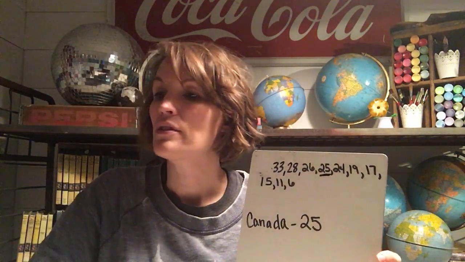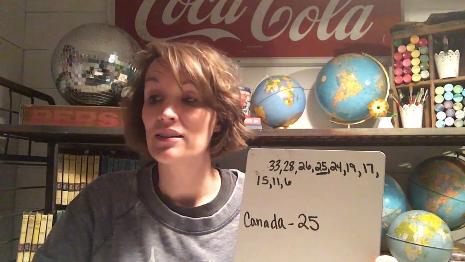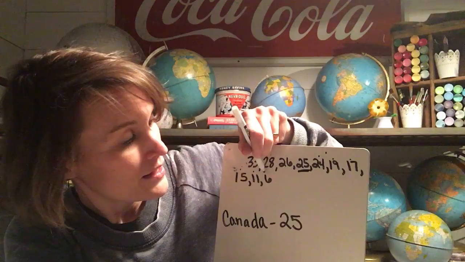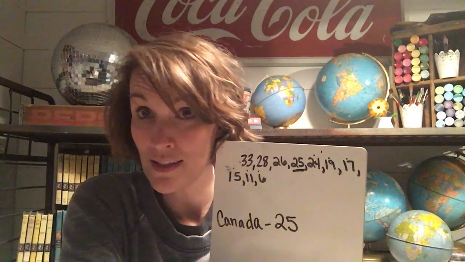Okay, so step 2 is find the number of data values less than the chosen element. So the number of data values less than this is 1, 2, 3, 4, 5, 6. There are 6 numbers less than Canada. So we take that number, 6, and divide it by the total pieces of data.